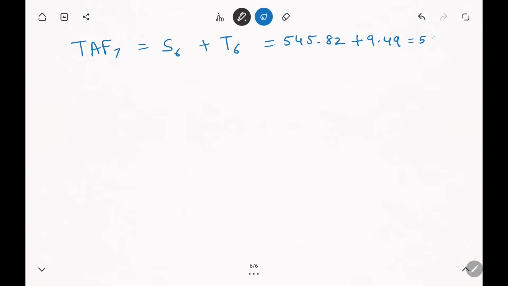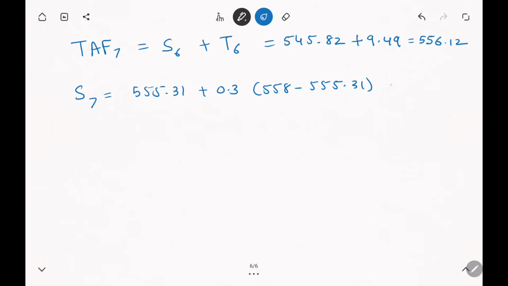So again it gives us a positive error. Positive error means that the model underestimated the demand, and so the level will be adjusted upwards. So we update the level S7 as 555.31, which is the trend adjusted forecast, plus 0.3 times 558 minus 555.31, actual minus forecast multiplied by the smoothing constant. So that gives us 556.12.